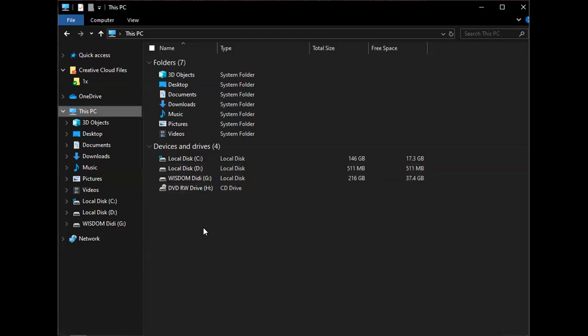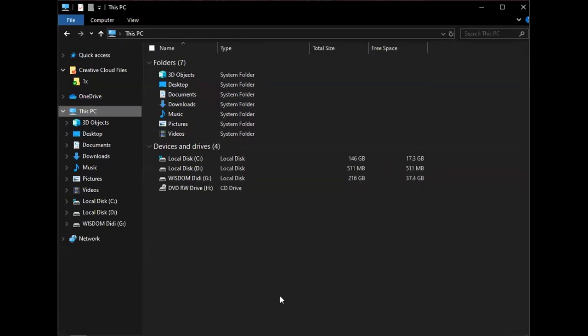Like right now, this is a folder that is opened on my computer. Look at your left side for an icon called This PC.